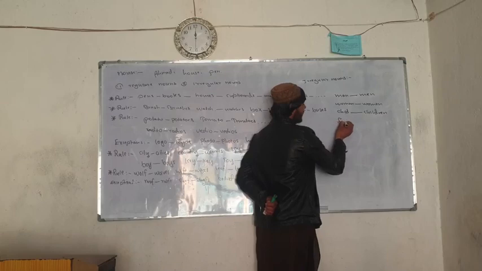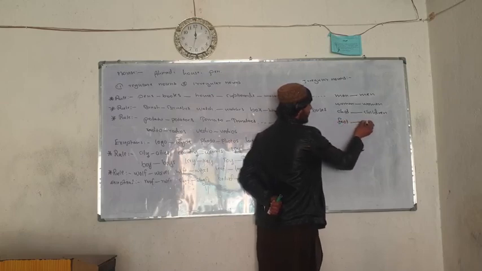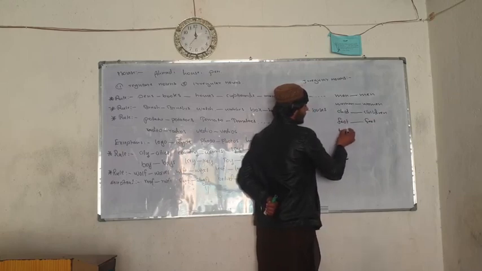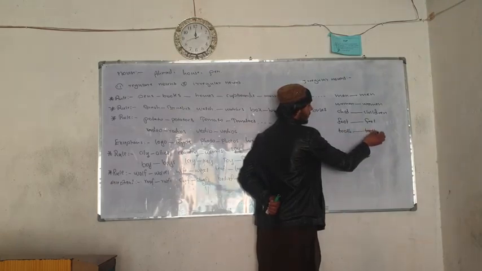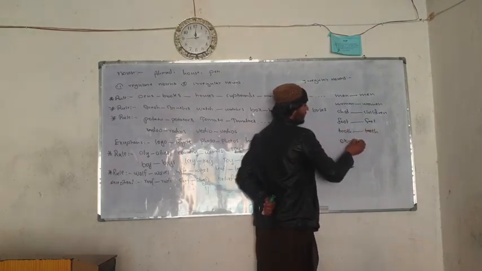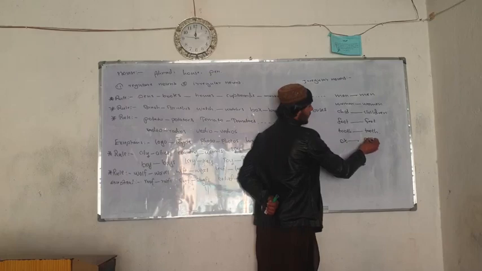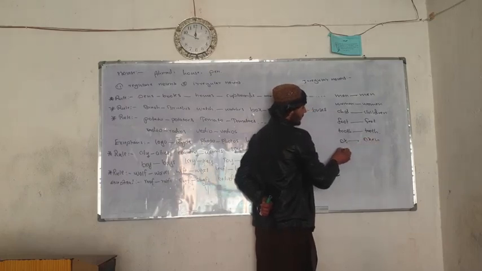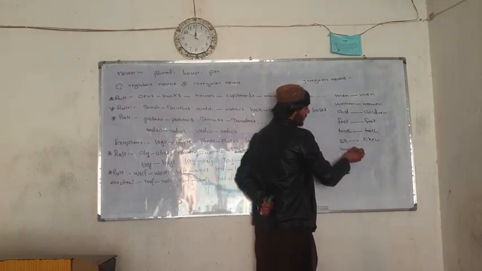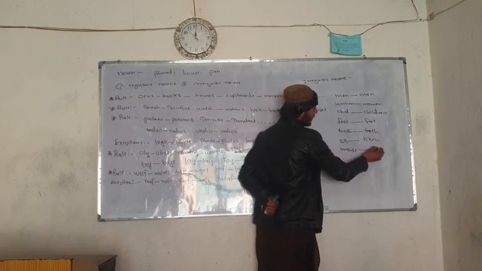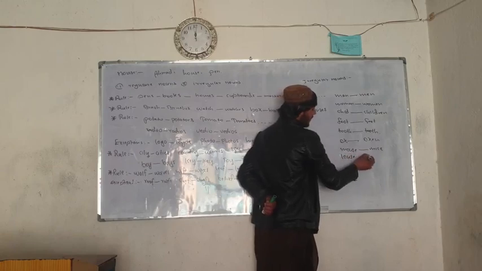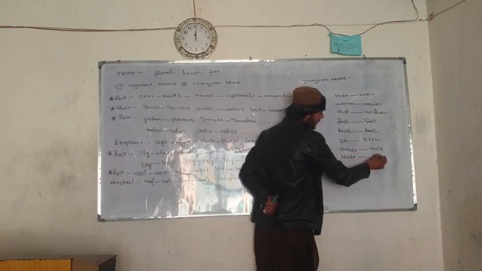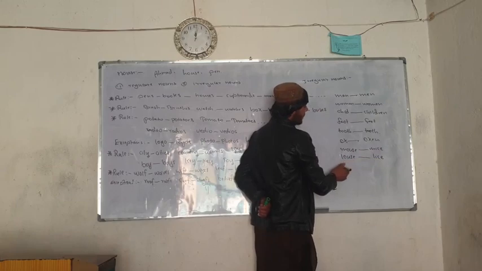And foot is changed into feet. Tooth is changed into teeth. Ox is changed into oxen. And mouse is changed into mice. And louse is changed into lice. And many more.